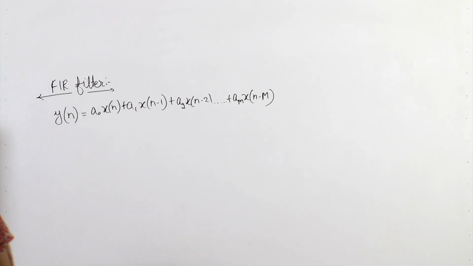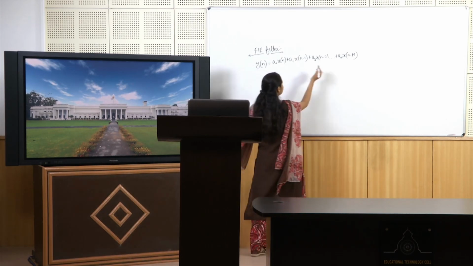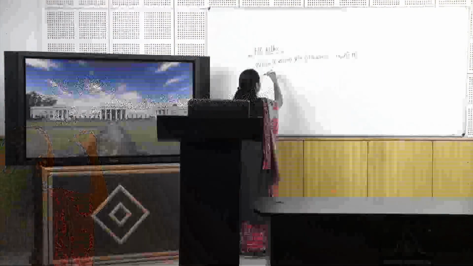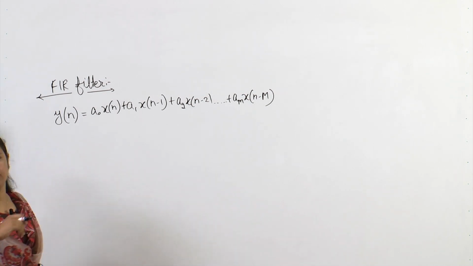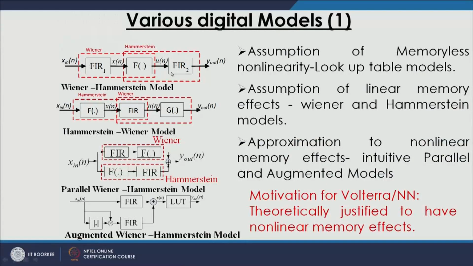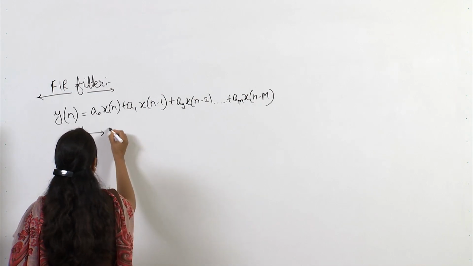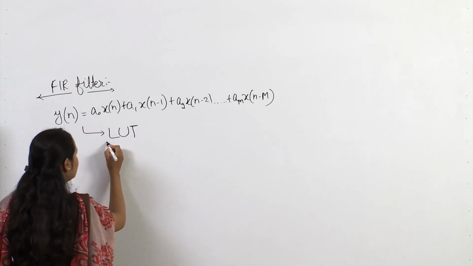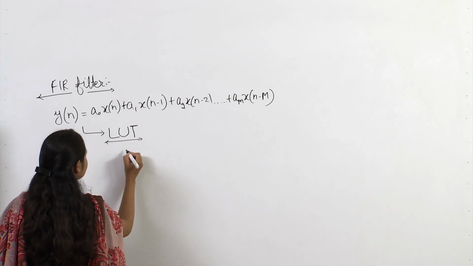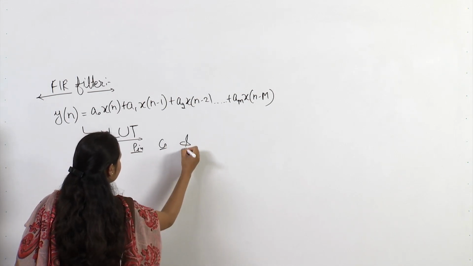So, in this case, in the Wiener structure, we are putting this FIR filter before this, and whatever we are getting from the output of the FIR filter, we call it u[n], as we can see from the structure here. So, this u[n] is applied to the LUT, which was created using Pin versus gain and phase.